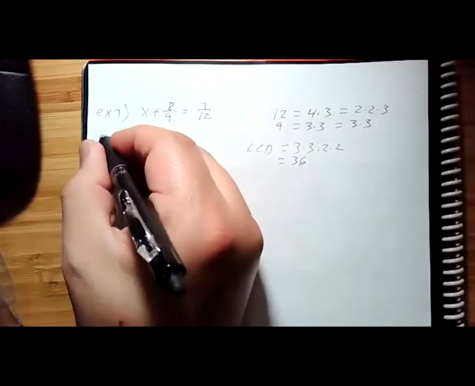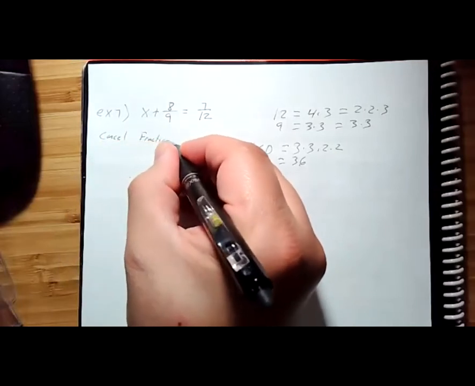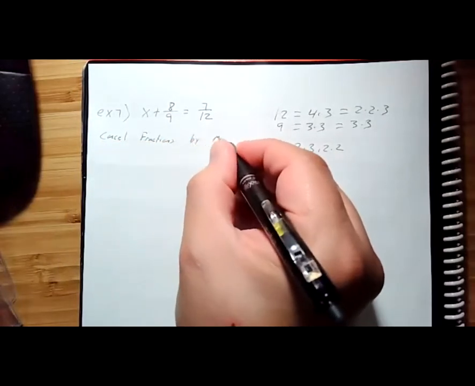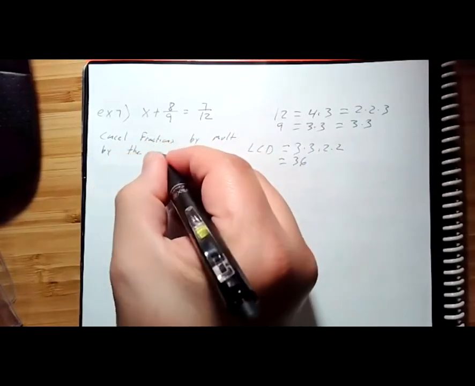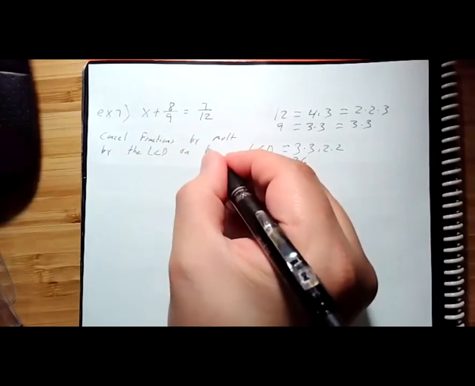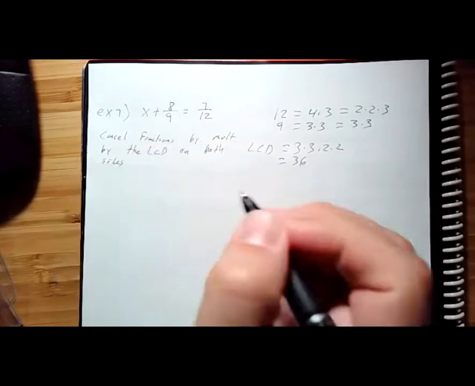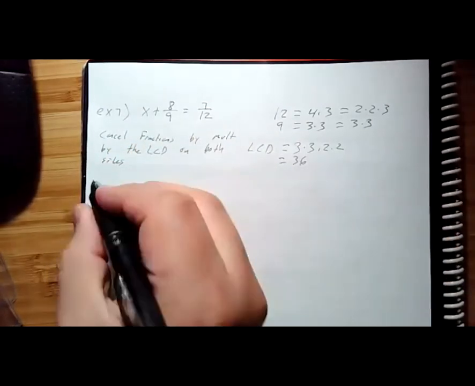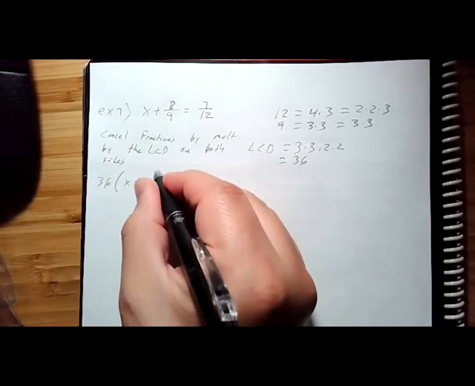So to cancel fractions, we said, by multiplying by the LCD on both sides. Okay, so 36 times everything on both sides.